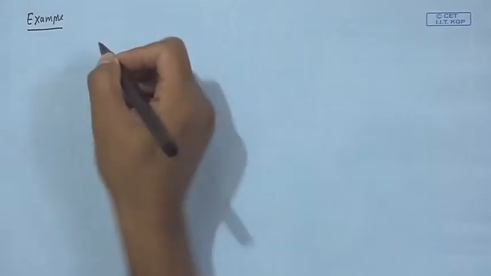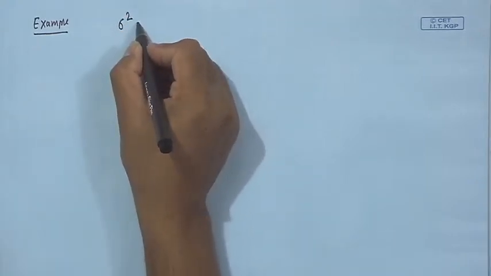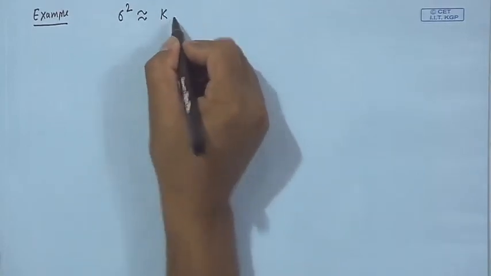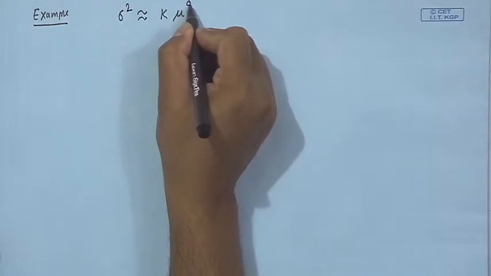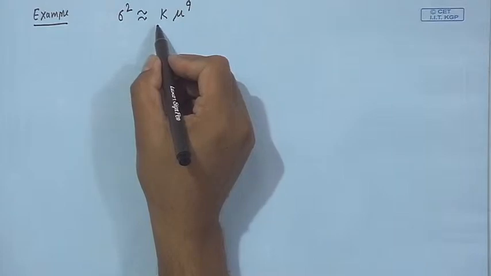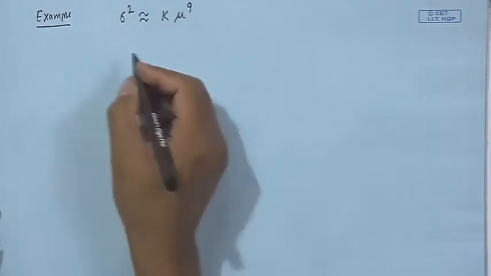Let me give one example to illustrate this idea. Suppose the variance of y, sigma square, is approximately proportional to k mu to the power of q. So, g(mu) is this quantity.